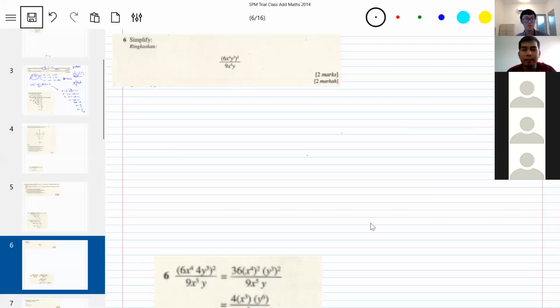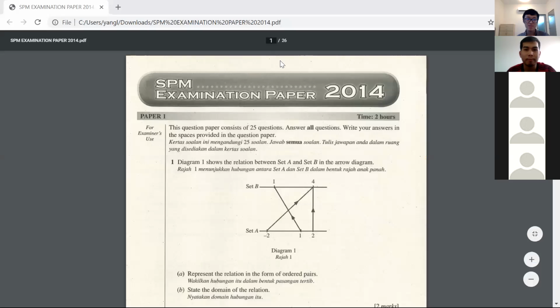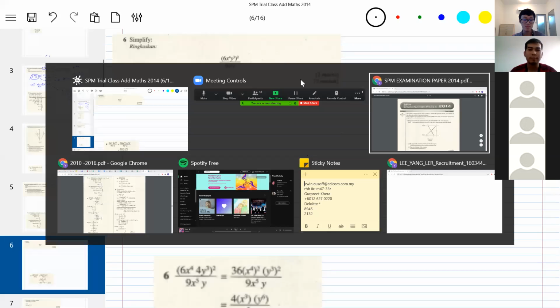Can you see now? Left hand, can you see it? Yeah, I can see your screen. All right, cool. Okay.